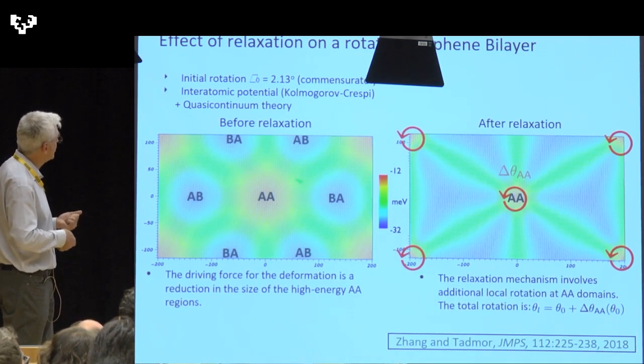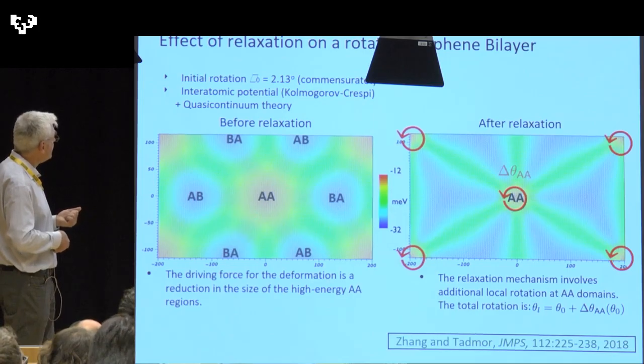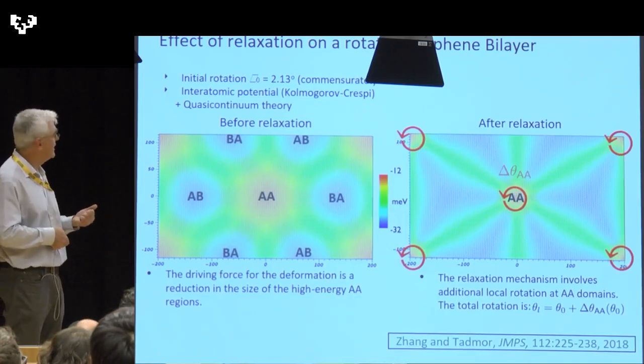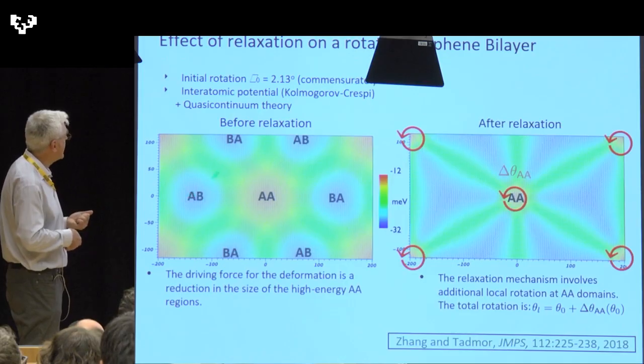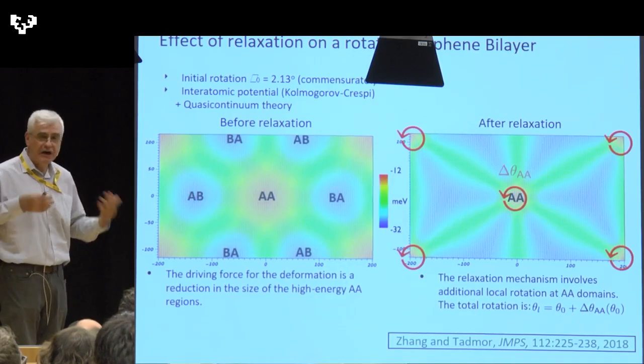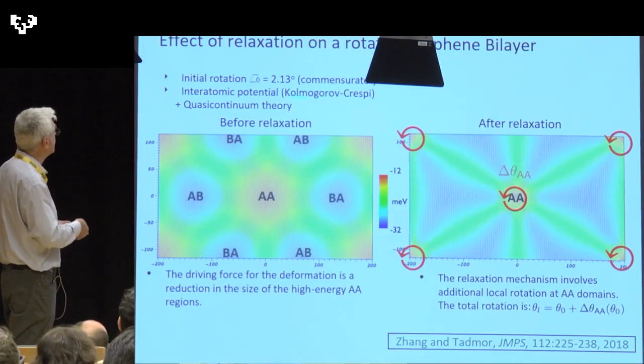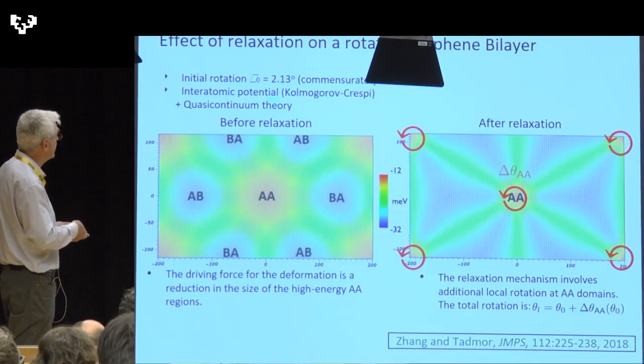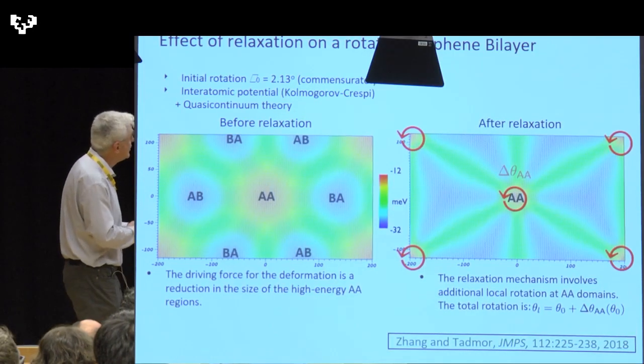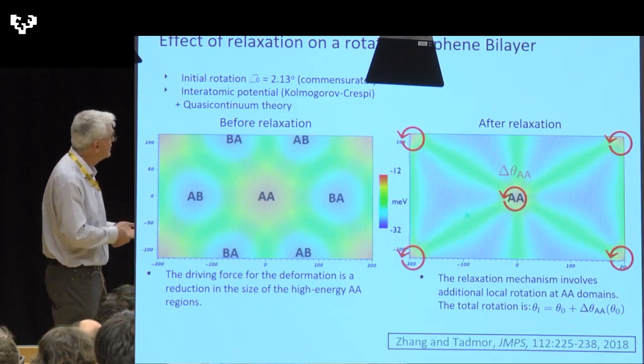So this is a picture of the different stackings, as I mentioned earlier, AA, AB, BA, and so on, without taking into account atomic relaxation. Now, they took into account atomic relaxation by using an interatomic potential and quasi-continuum theory, and this is the picture that you get after relaxation.